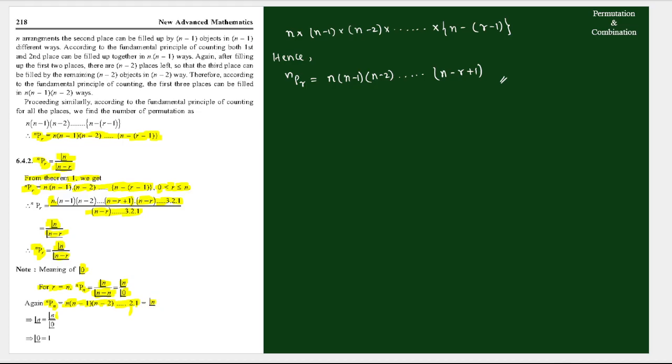So this is nothing but factorial n. So n minus n is 0, and nPn is factorial n. Take the 0 to this side, and bring factorial n down. Then it will become factorial n by factorial 0. Factorial n by factorial n is what, 1? Yes or no?